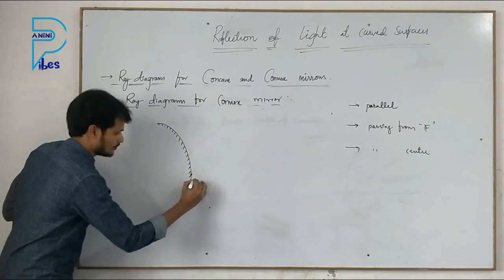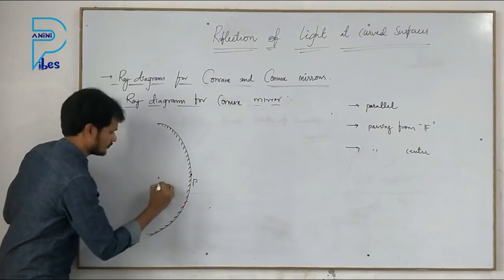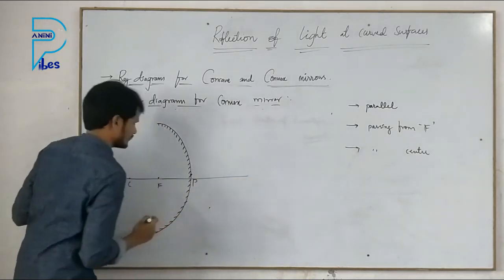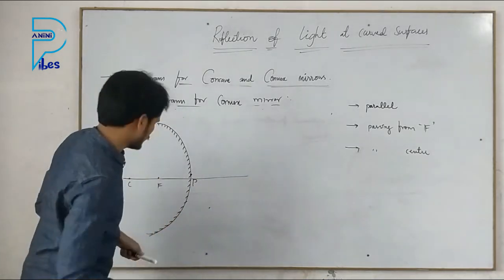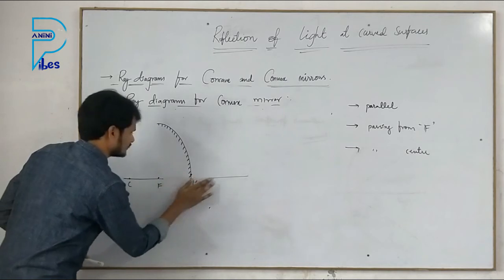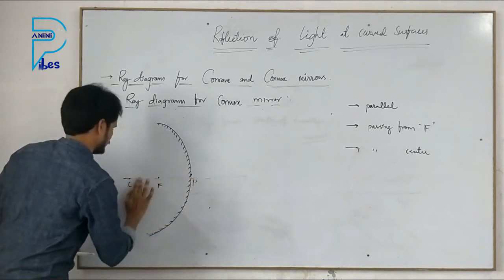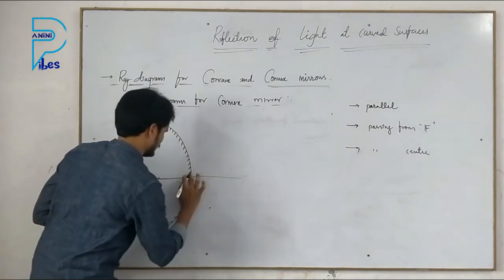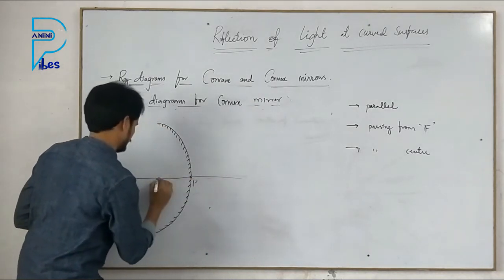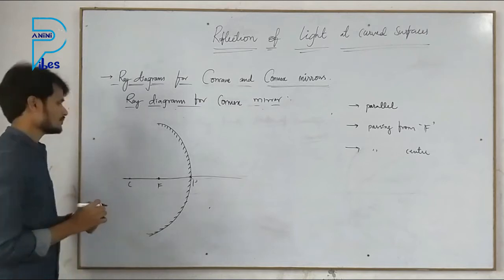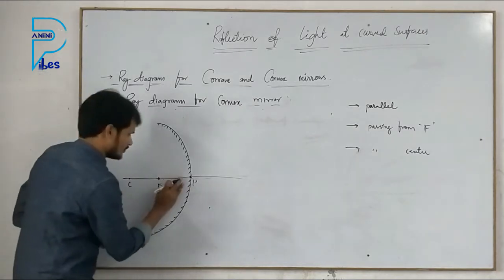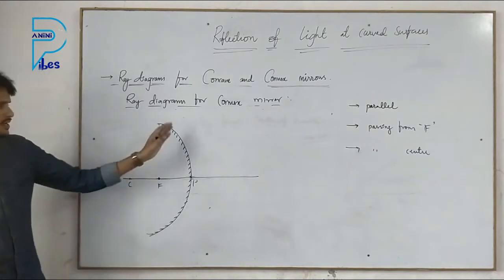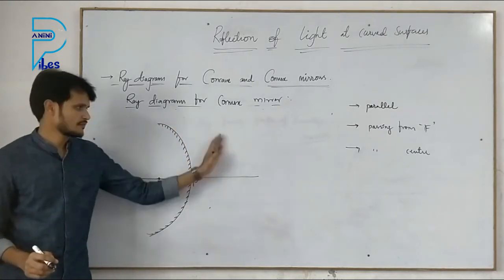So pole, focus and center. Pole, focus and center. So principal axis. Now reflection is possible on this side.